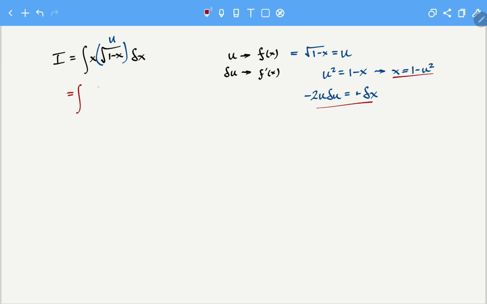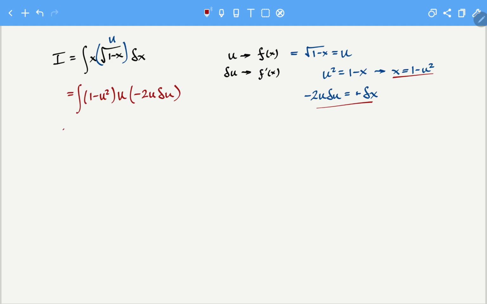So I'm going to integrate, well, x is 1 minus u squared, so 1 minus u squared, times, as I already showed, that's now u, and then dx, well, dx is equal to negative 2u du. Now I can algebraically manipulate this so that I can eventually do some math with it.